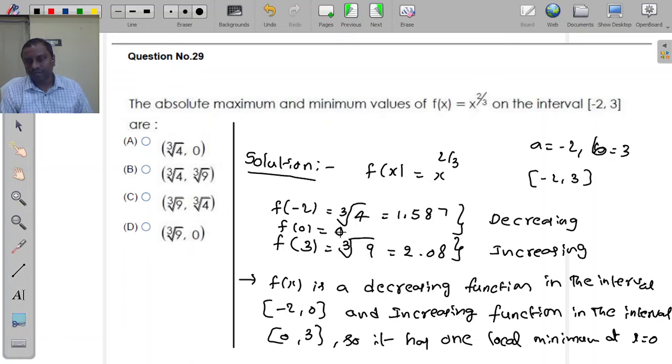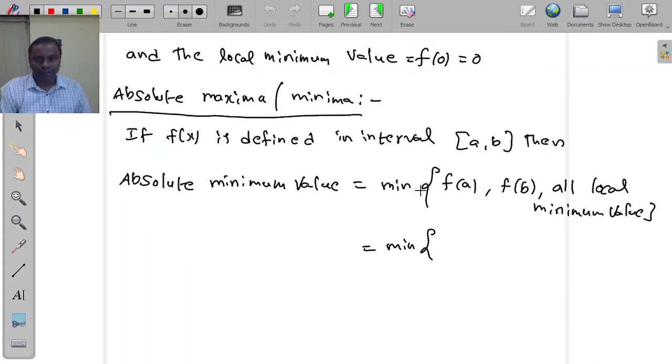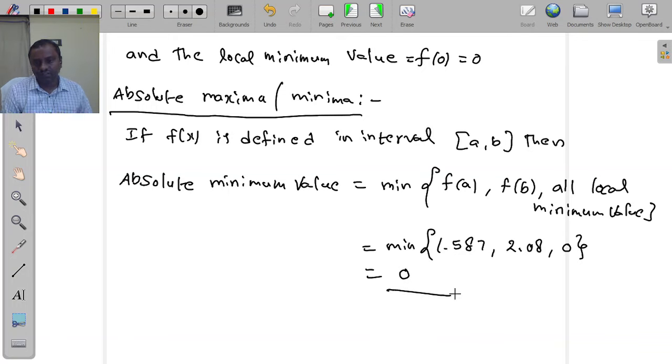So the minimum of all these is 0. So the absolute minimum value is 0.